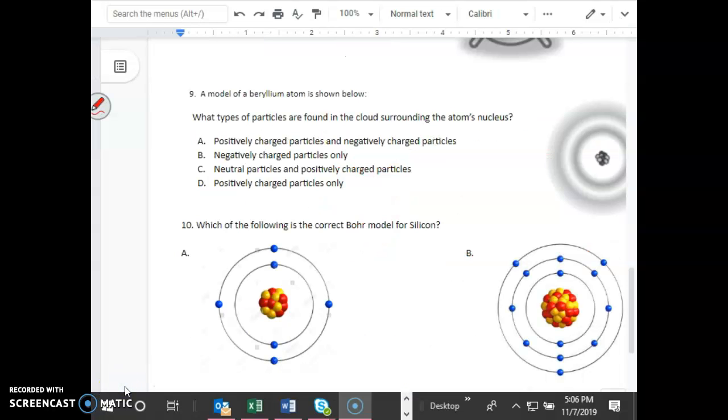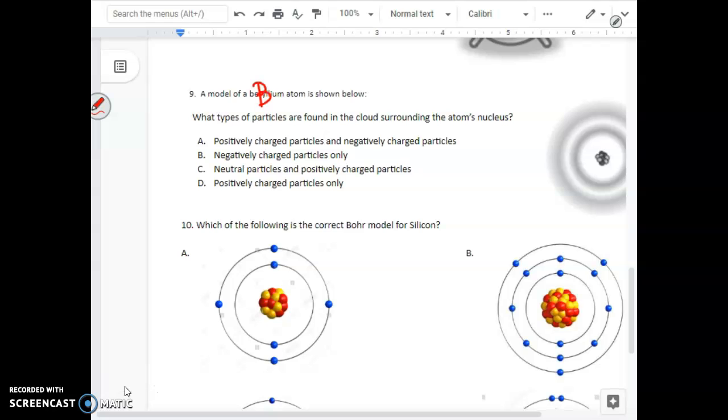Number 9, a model of a beryllium atom is shown below. So beryllium is Be, number 4 on the periodic table. What types of particles are found in the cloud? Okay, so the cloud surrounding the atom's nucleus. This is my nucleus here, and it's asking what is being found in the cloud, so that's this area over here.